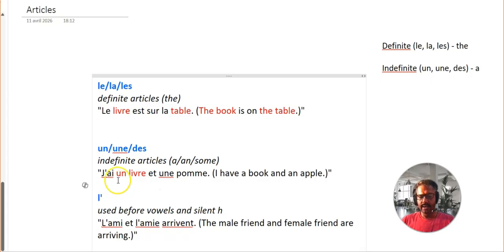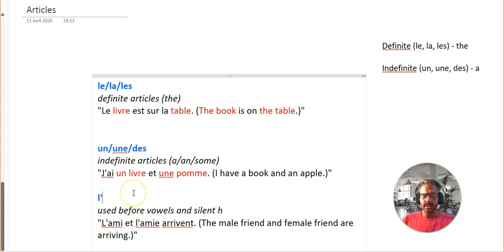You see here un livre because the noun is masculine. And then une pomme. Here also the noun is feminine. So un livre, une pomme. When I translate that sentence, I would say I have a book and an apple.